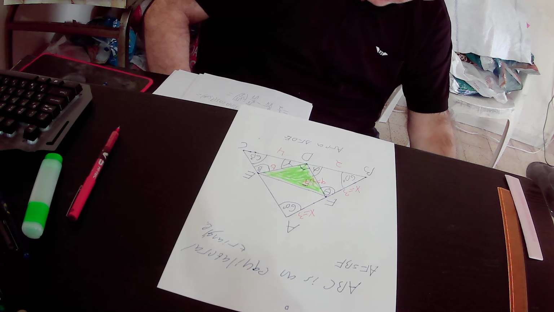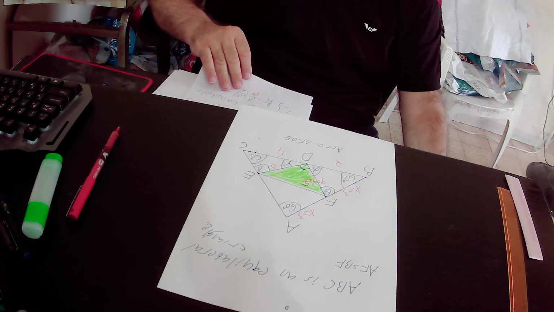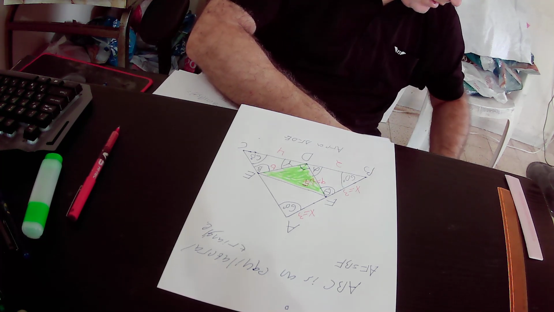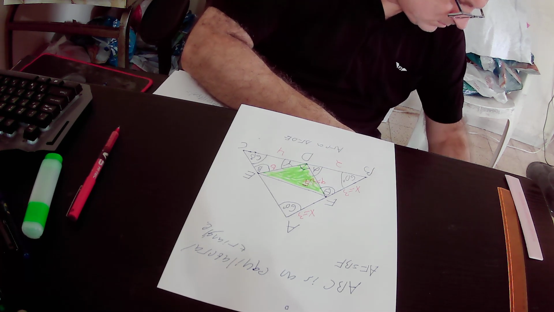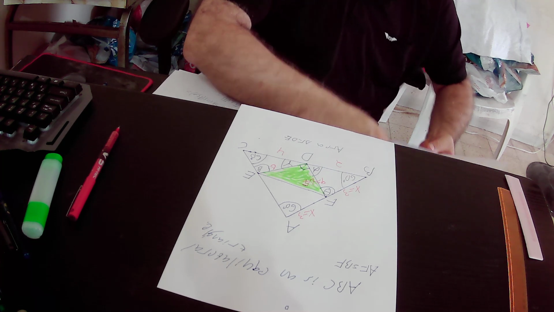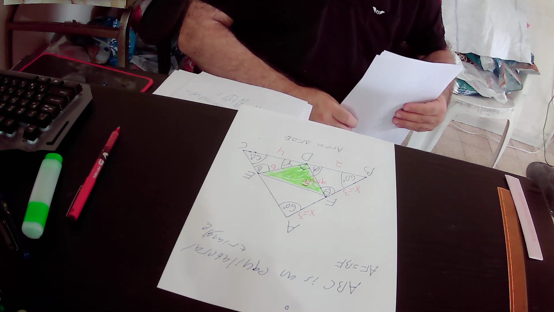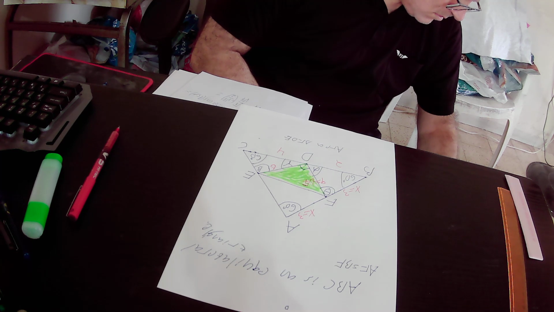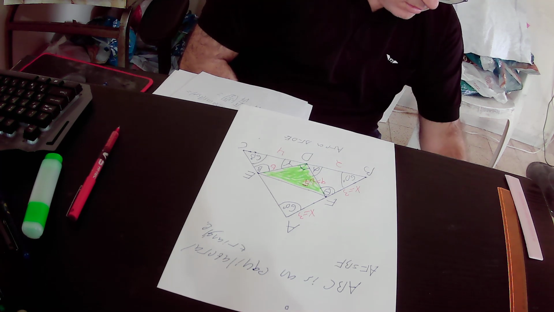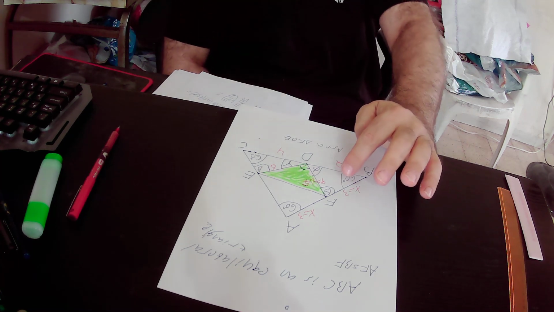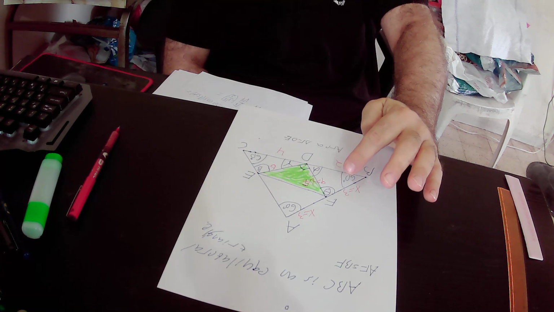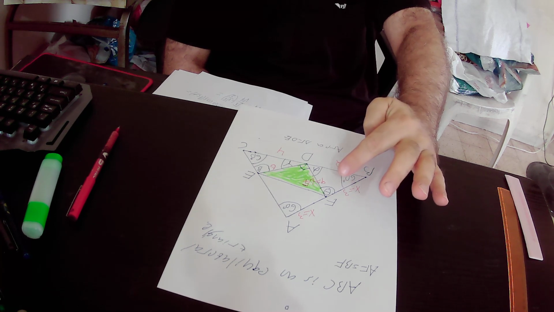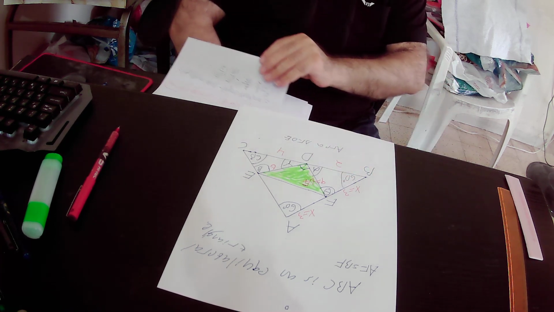Okay, and we found out, so we created equation number 1 by stating that the sum of the angles in triangle BFD equals 180 degrees.